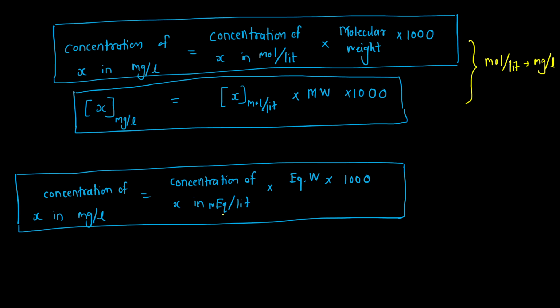Now what is the formula for equivalent weight? We have already written that equivalent weight is equal to molecular weight divided by valency.